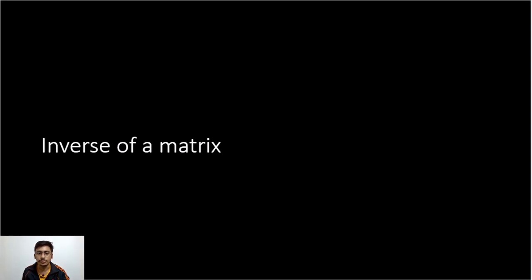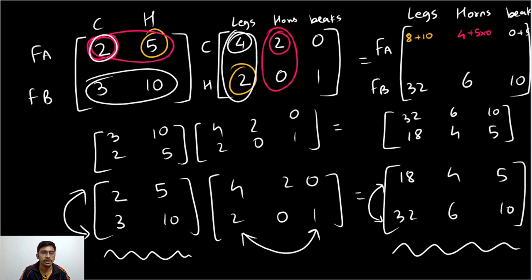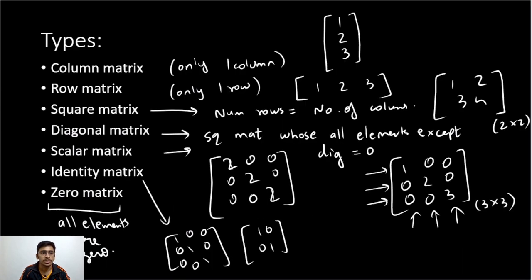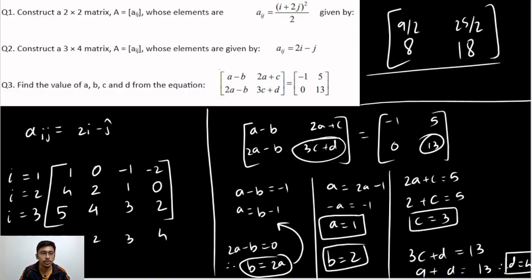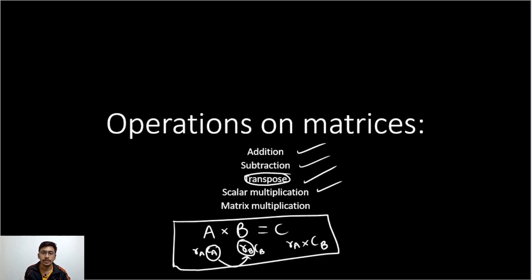To find the inverse of a matrix, the first thing we have to understand is that when we apply row and column transformations, we are simply using all these operations that we had studied earlier. Most prominently, we are going to use scalar multiplication, and addition and subtraction.